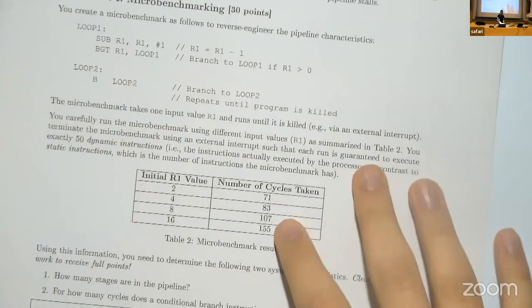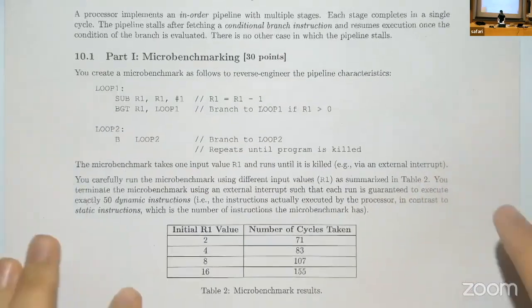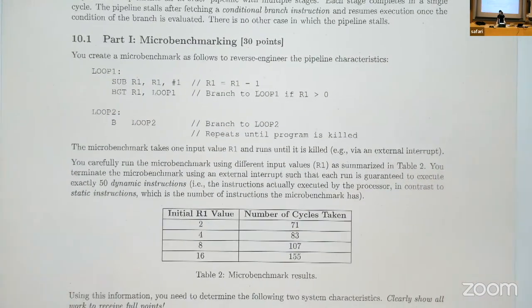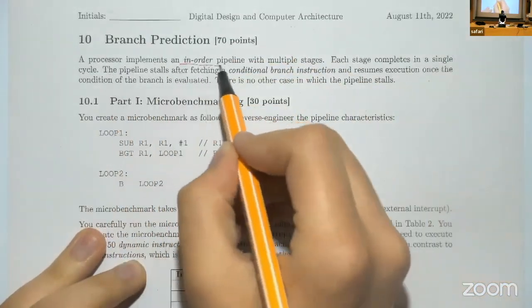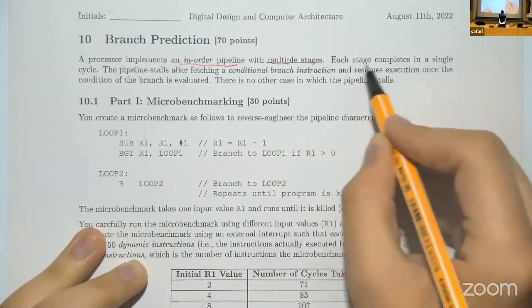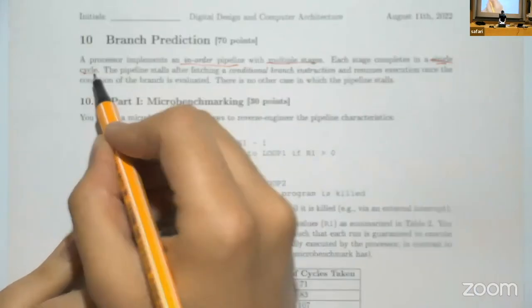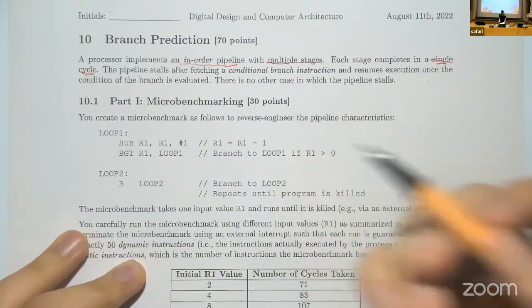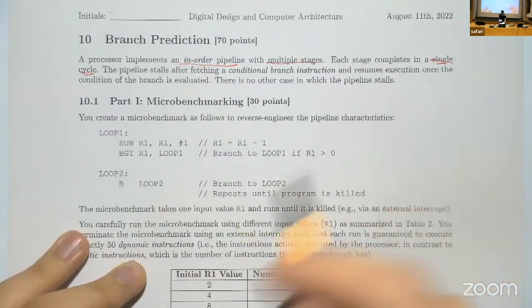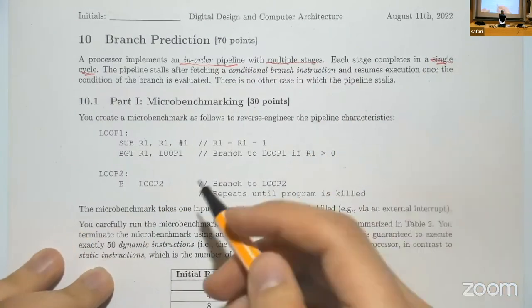Okay, so the next question is about branch prediction. Here we have some information about the system, so I will mark them as we read. We know that the processor implements an in-order pipeline with multiple stages, and each stage completes in a single cycle. It only stalls after we see a conditional branch instruction, and at other times we just complete all instructions without stalling.